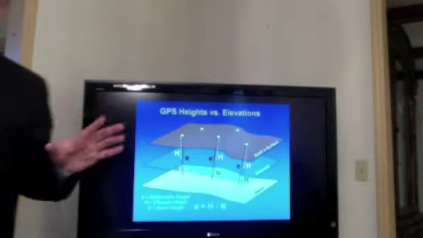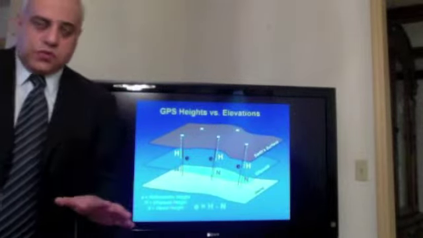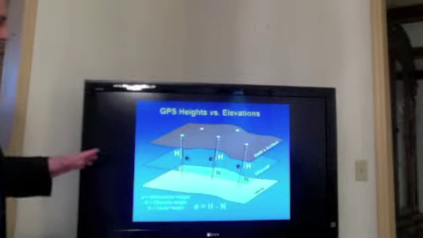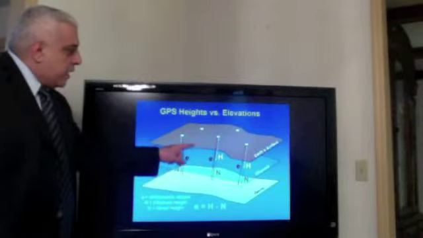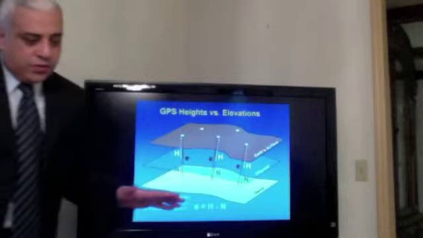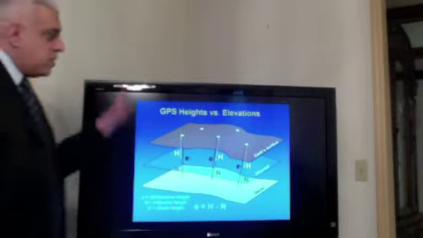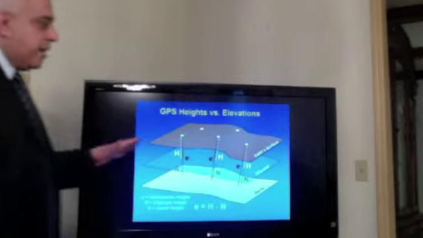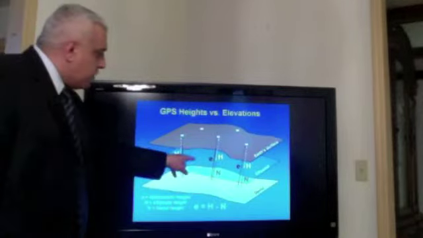Remember that we do have 3 main surfaces. The first one, the middle one, is the ellipsoid. The ellipsoid is an imaginary surface; all the calculation, all the computation of GPS is referred to that surface.